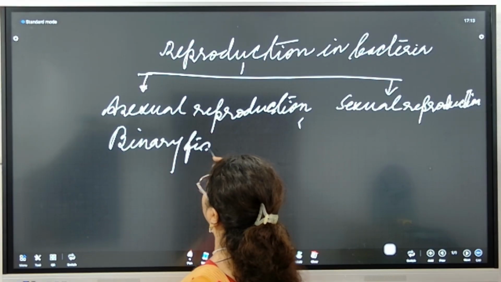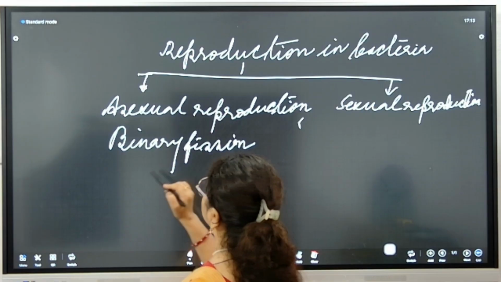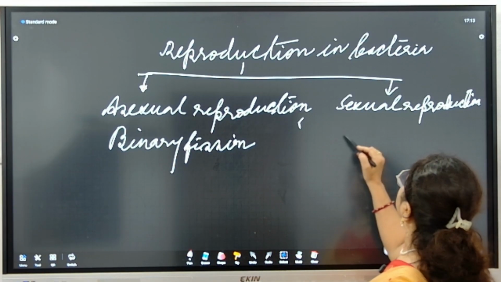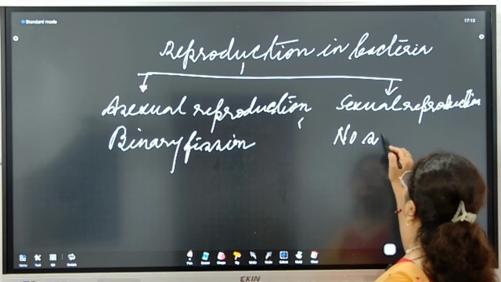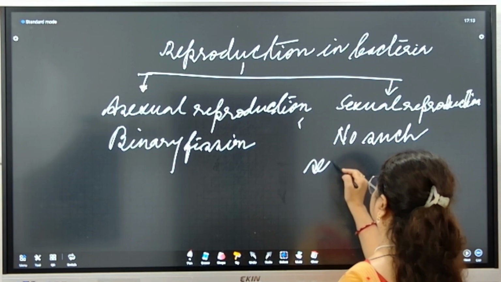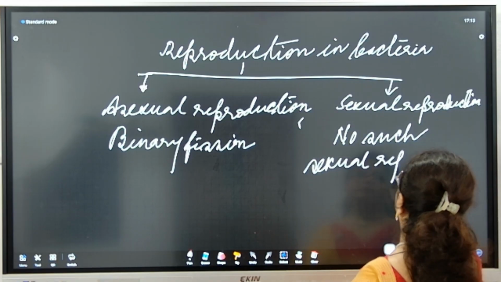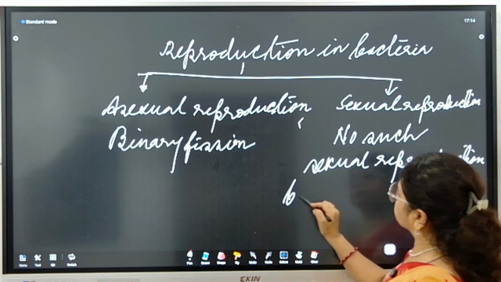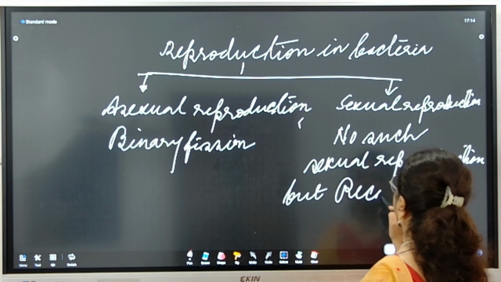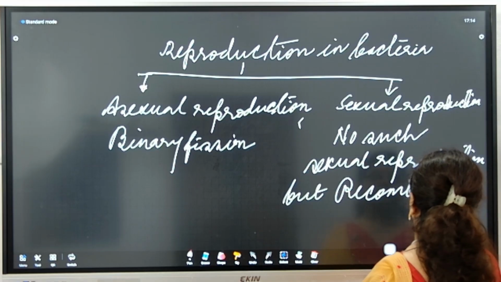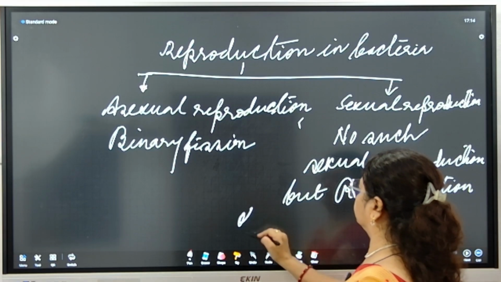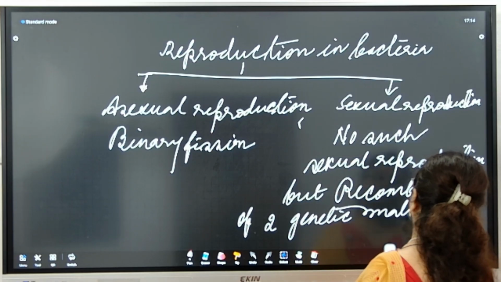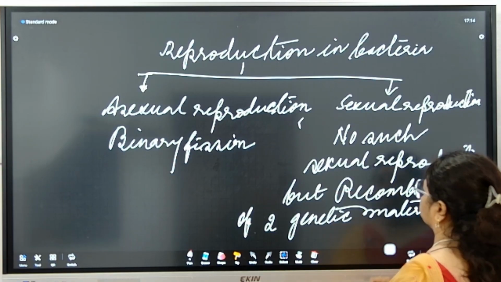The elaborate notes or explanation, which I have just verbally told you all, you will get in the notes.